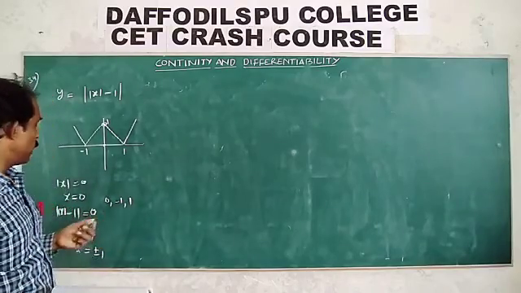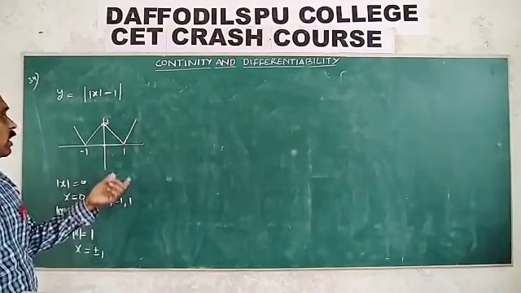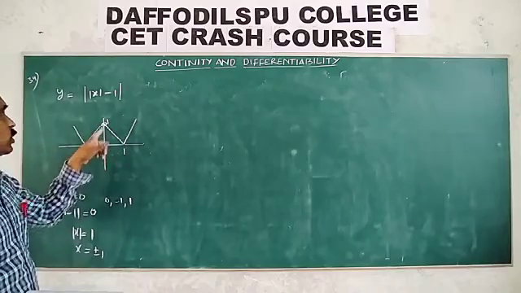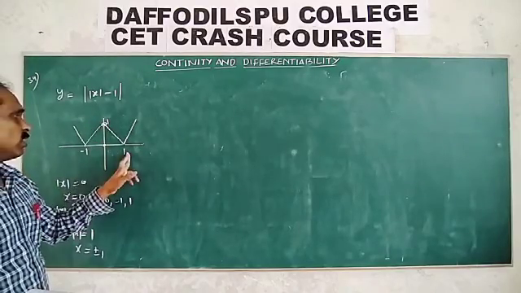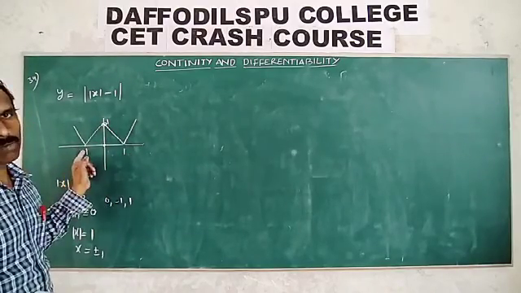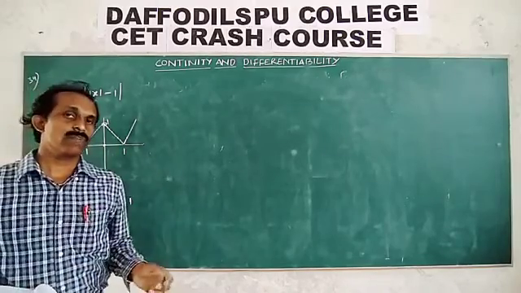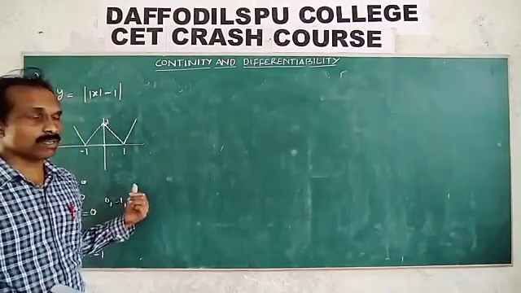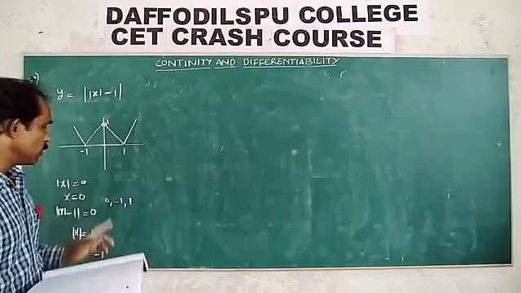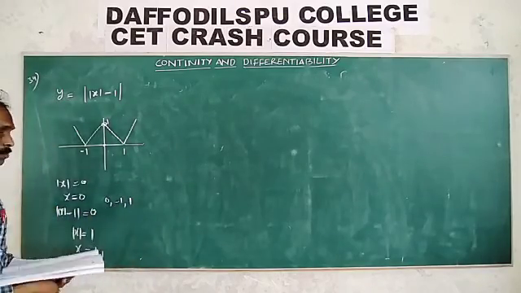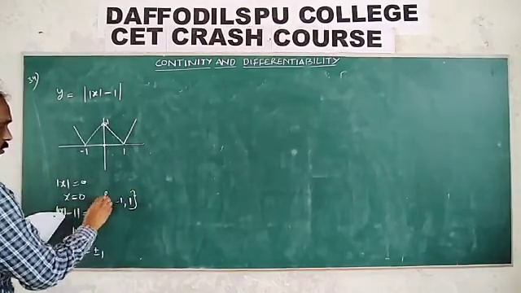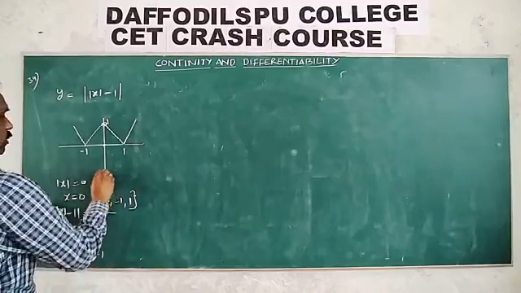Except the options means except 0, minus 1, 1. At 0, one sharp corner, and at 1 one sharp corner, and at minus 1 a sharp corner. At a sharp point it is not differentiable, as there are more than one tangents. So it is not differentiable at 0, minus 1, 1. So the first option is the correct answer. Option 1.